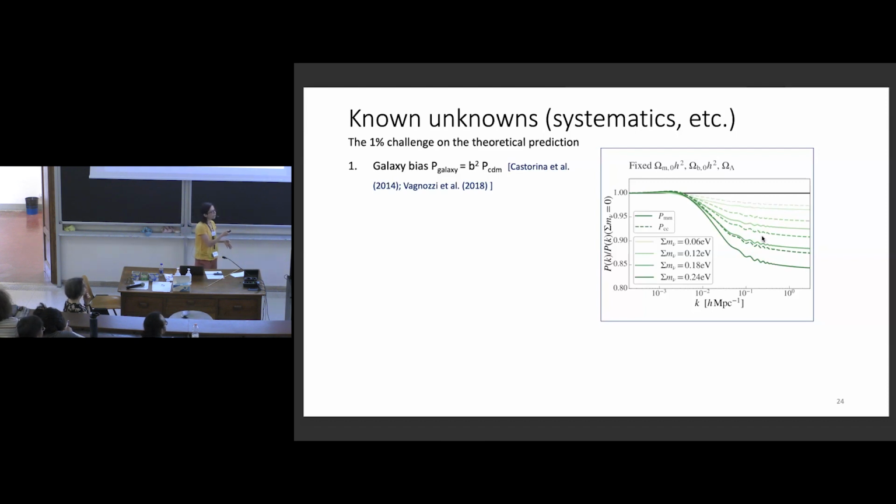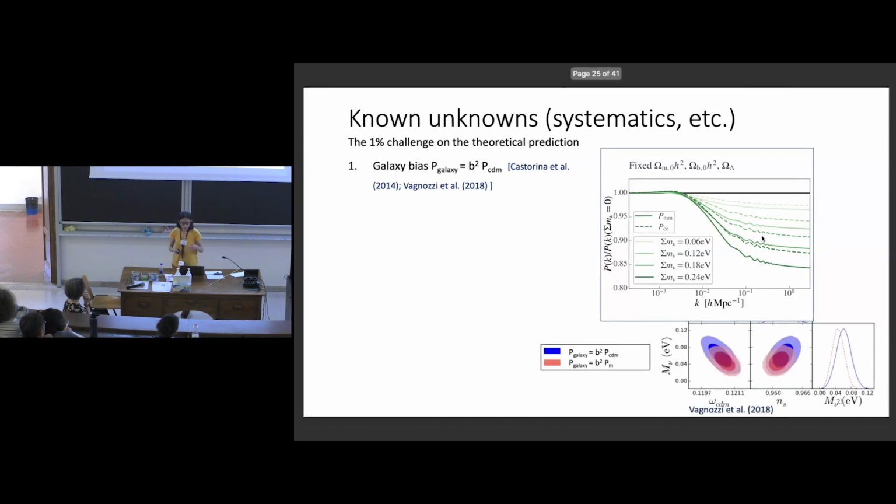That's why we have to look for the suppression in the cold matter power spectrum only, rather than the suppression in the total matter power spectrum. Remember, as I said before, this is about 80% of the total effect. If you model the bias with respect to the total matter power spectrum, you end up having a biased value of the sensitivity to the neutrino mass.